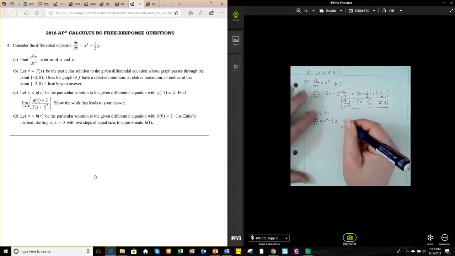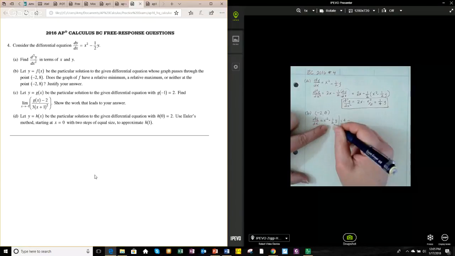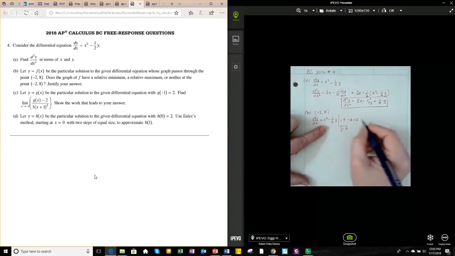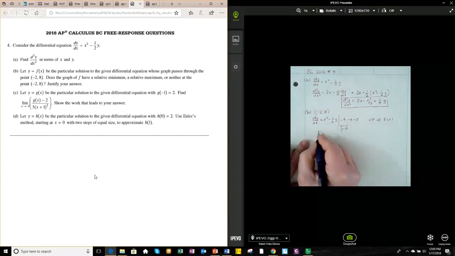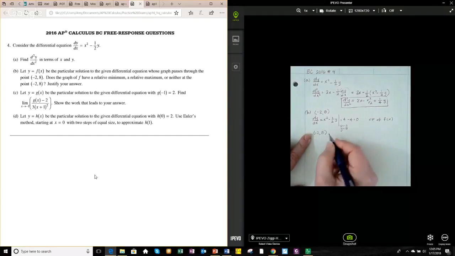And let's see, when we plug that in, we're going to get 4 minus, well, 1/2 of 8 is 4, which is 0. Therefore, it's a critical point. So this is a critical point. And then I'm going to try out the second derivative, because if I know what the second derivative value is, then I'll know if it's concave up or concave down.